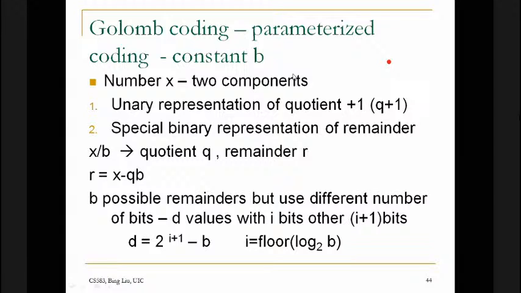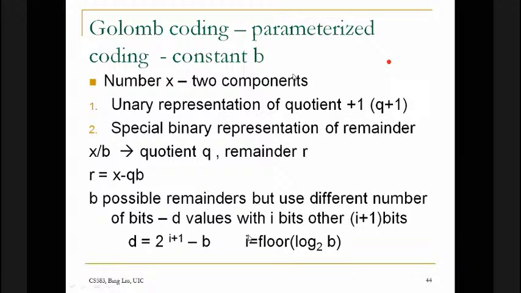This is quite simple. For a decimal value 5, how many digits do you want to represent? You want minimum 3. But when you take the floor, you will have 2, since it's 2 point something. So now when you go for D, it is 2 to the power of 2 plus 1 minus 5. B is 5. So 2 cube minus 5, so it is 8 minus 5.